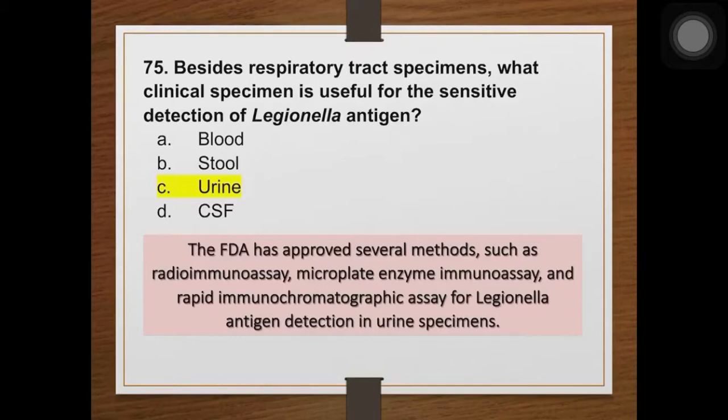Remember, ang Legionella ay kinukulture sa BCYE medium, buffered charcoal yeast extract. Ano po ang pinaka-sample dito? Pwedeng sputum or bronchial wash, but for rapid identification of Legionella antigen, anong sample ang pwedeng gamitin po dito? Urine. Correct answer, 75, letter C.